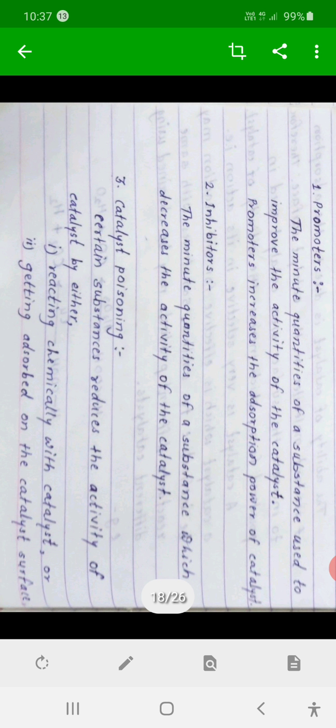Then catalytic poisoning. Certain substances reduce the activity of a catalyst, and that is known as catalytic poisoning.